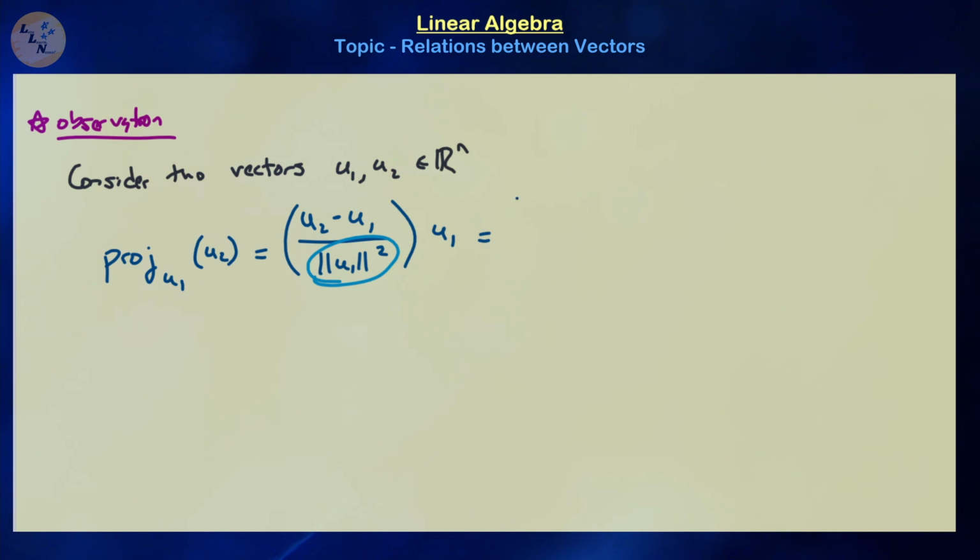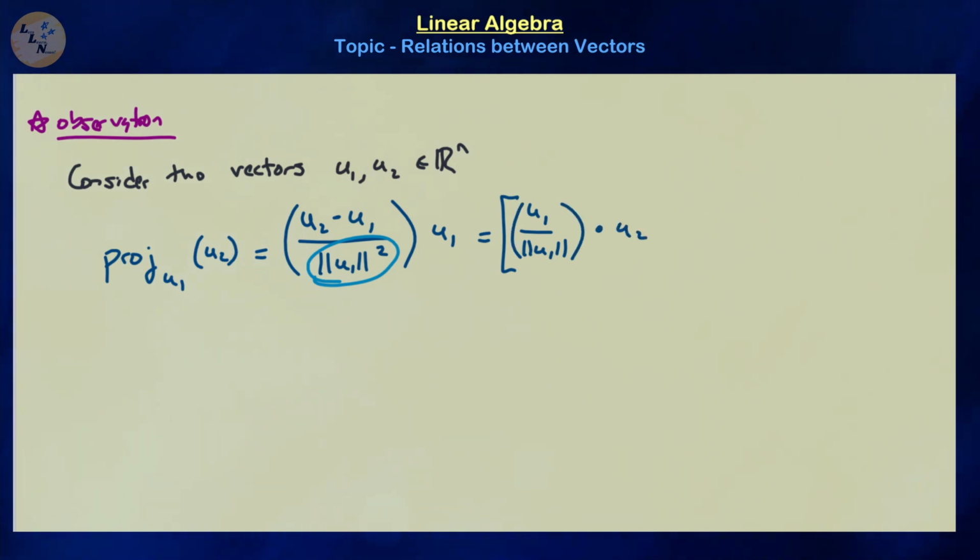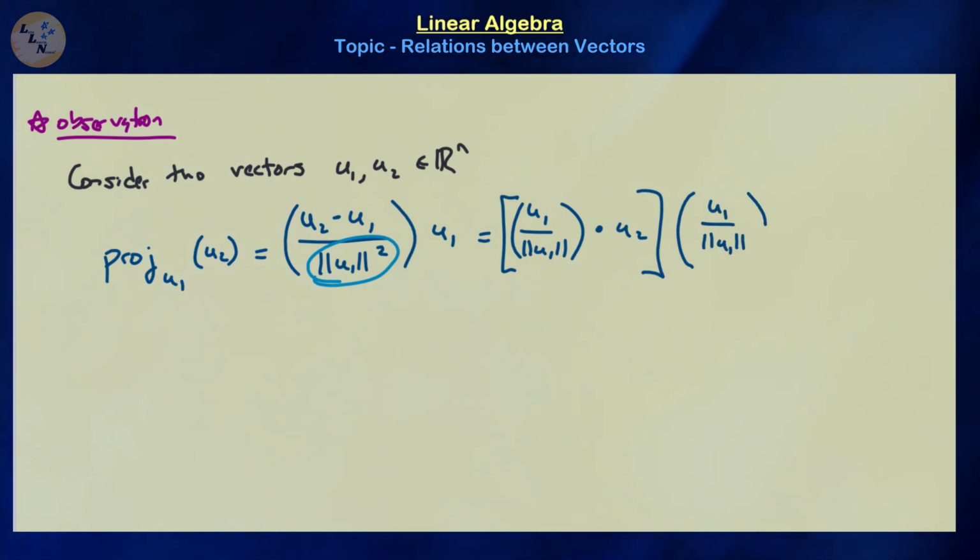So this is going to be equal to u1, and you can do the dot product with u2 because it's commutative. I'm going to do u1 over the norm of u1, dot product that with u2, and then multiply that by the vector u1 over the norm of u1.